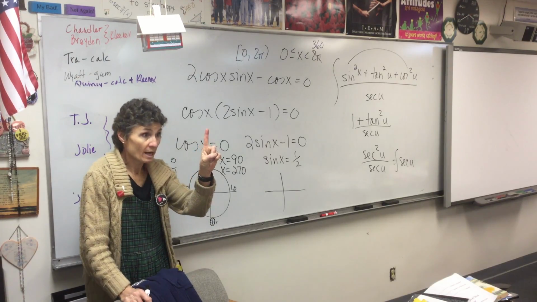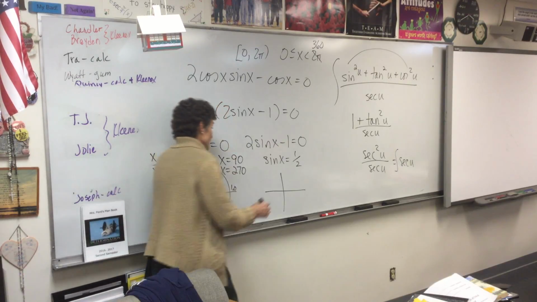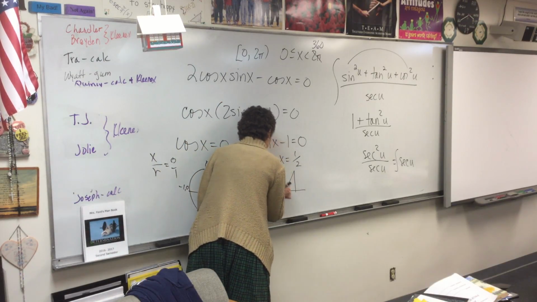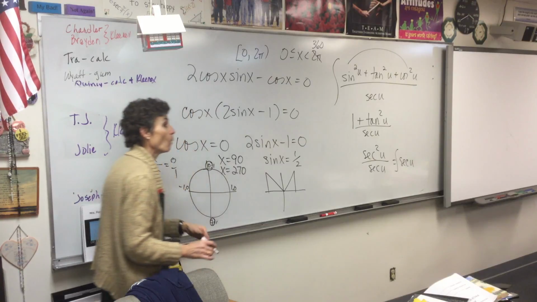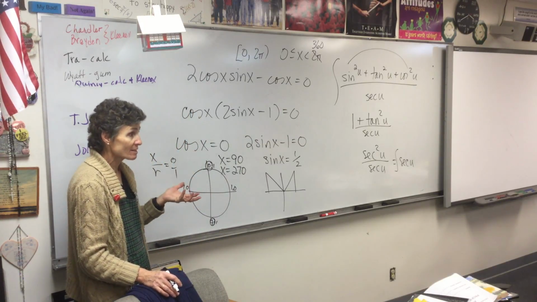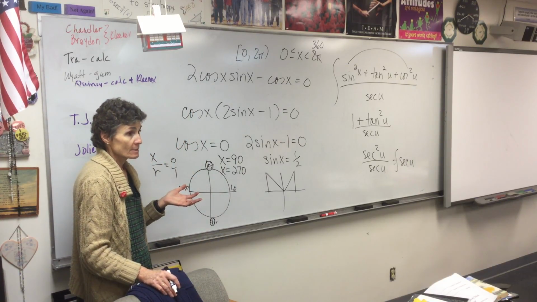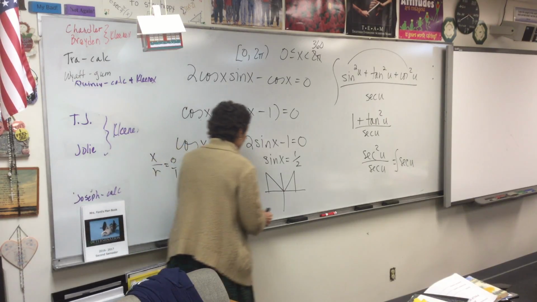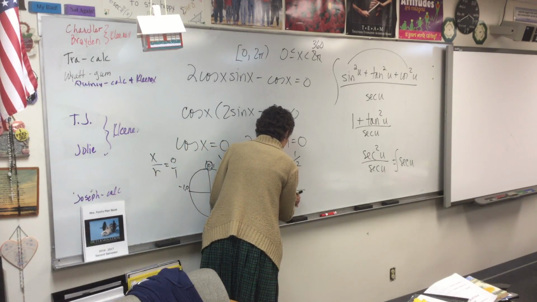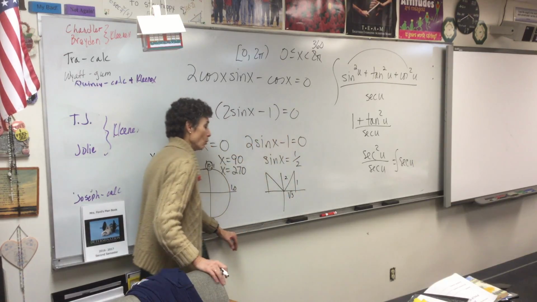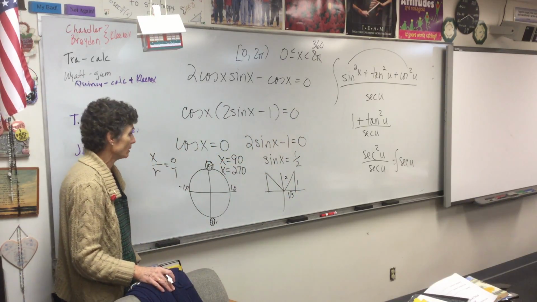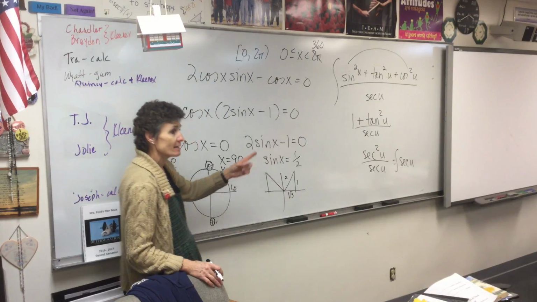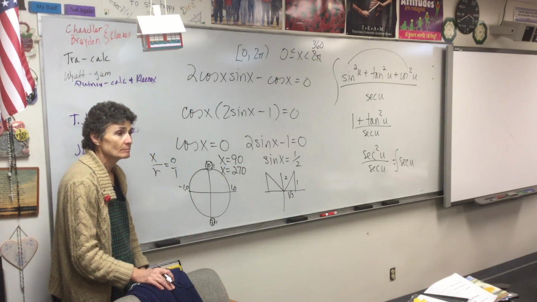Certainly quadrant 1 and also quadrant 2, because those are the places where y is positive. Sine is y over r.